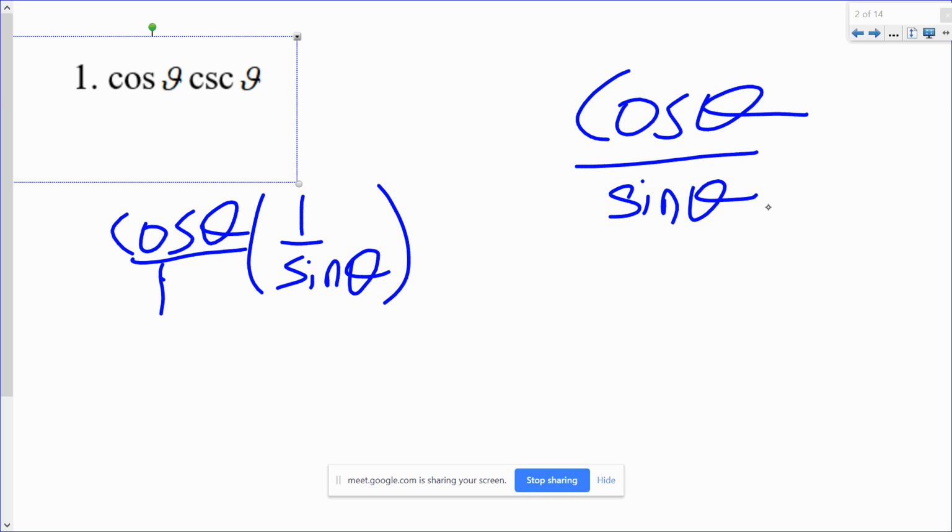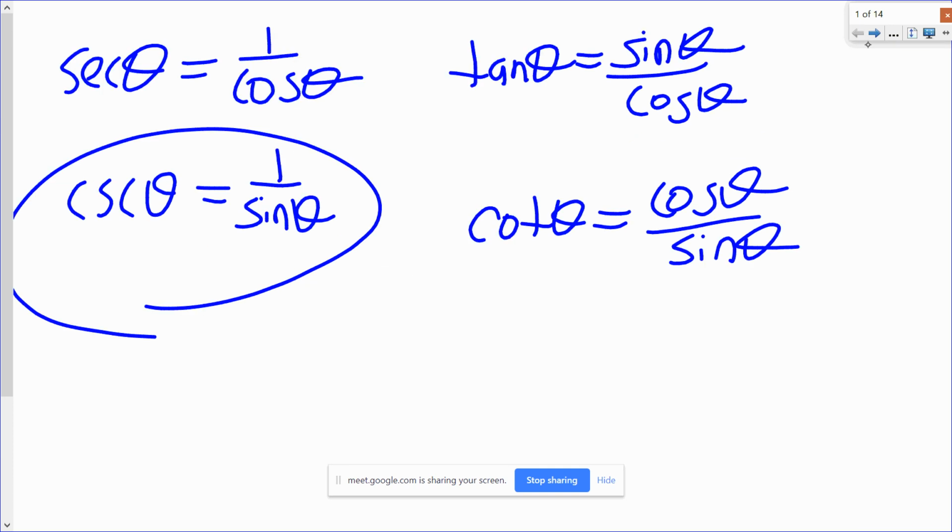Now, we want to express our answer in terms of one trig function. So I have cosine over sine. Well, what's cosine over sine equivalent to?